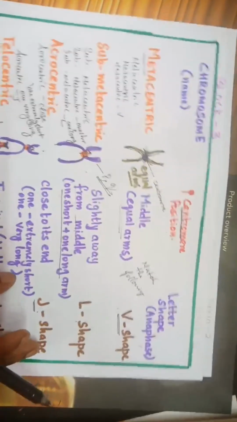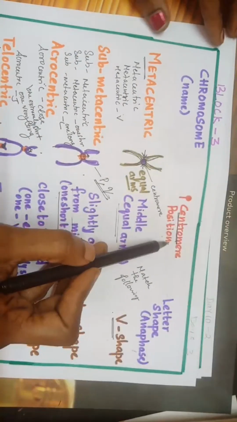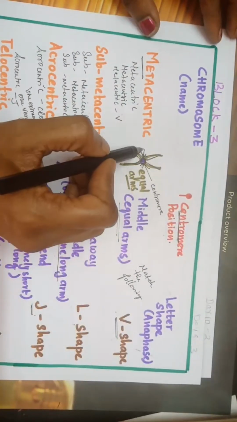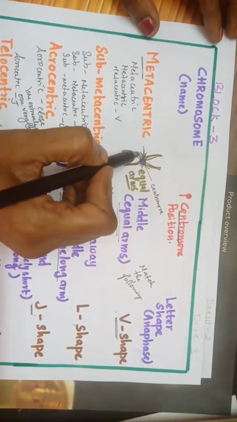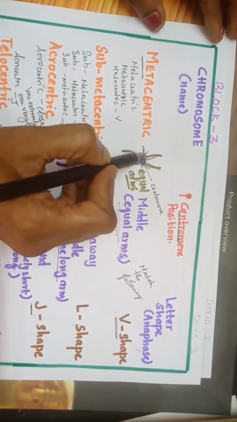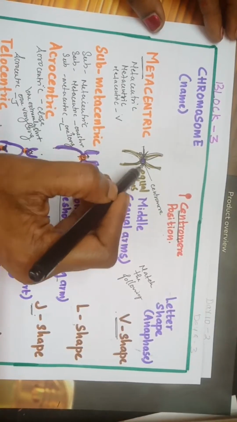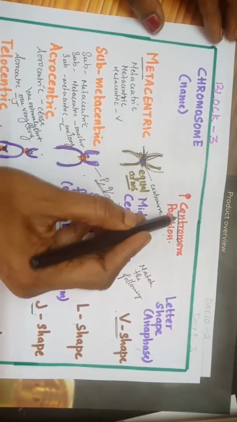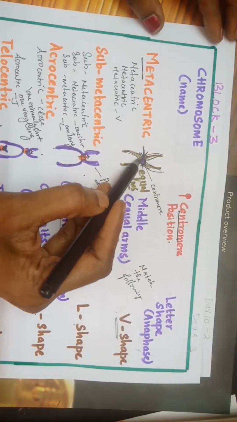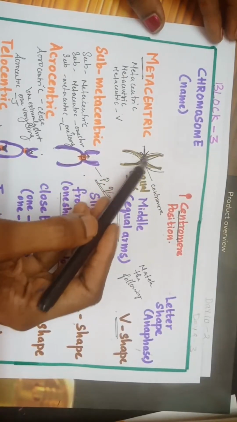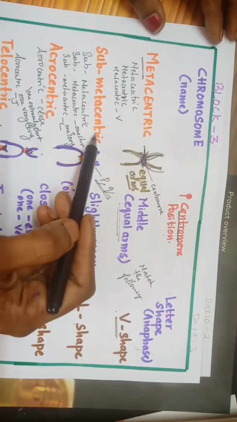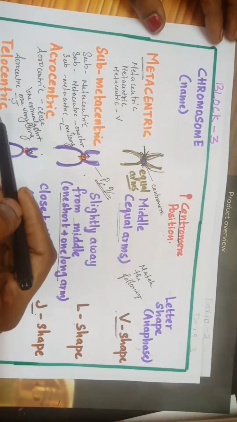Next, based on the centromere position. What is centromere, students? Type the answer quickly in the comments. What is the meaning of centromere? The constriction of the chromosome is called the centromere. So based on the centromere position, you divide the chromosome into metacentric, submetacentric, acrocentric and telocentric.